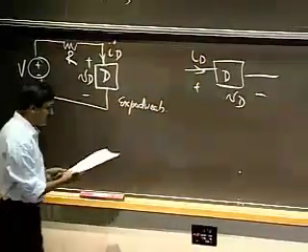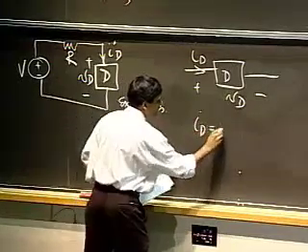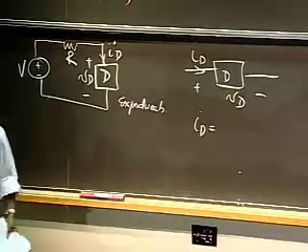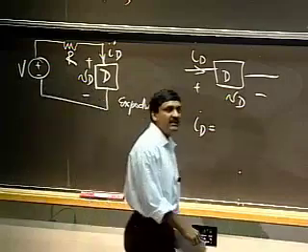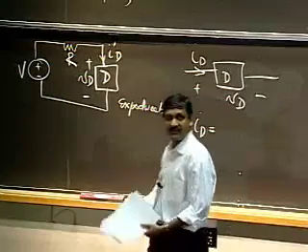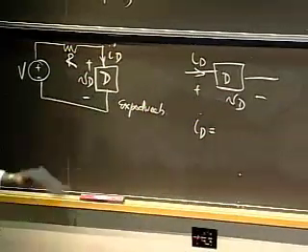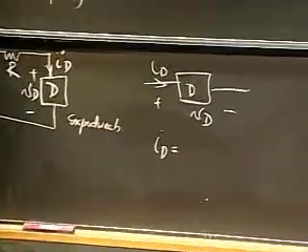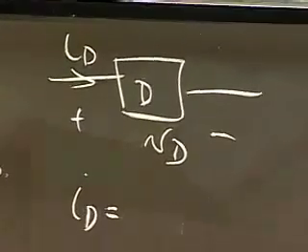this device is characterized by the following equation. Much like resistors were characterized by an IV relation, V is equal to IR, or I is equal to V divided by R, this device is also characterized by the following element relationship.